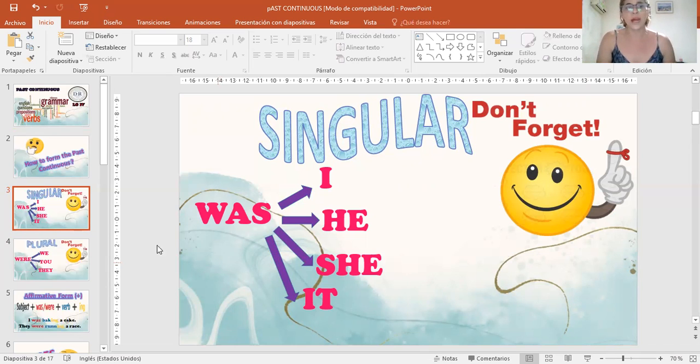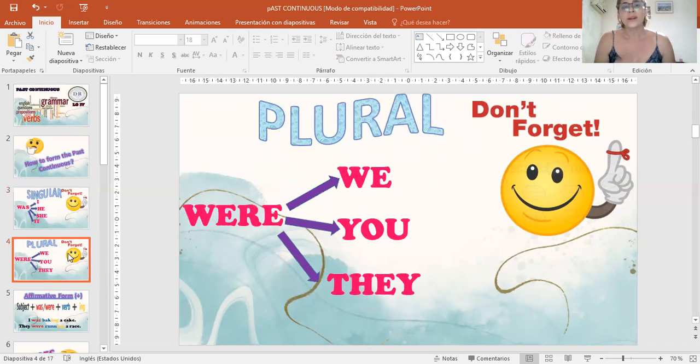In the case of the plural, we are in the presence of the verb were. This verb works with the pronouns we, you, and they.